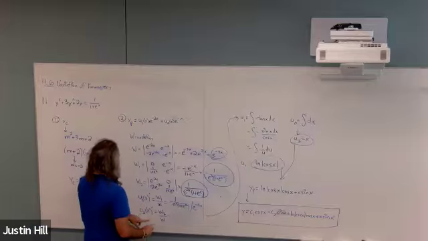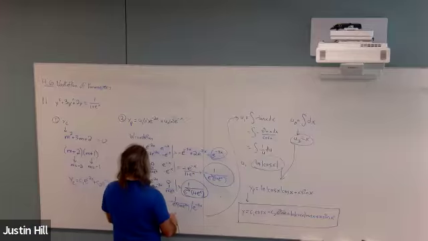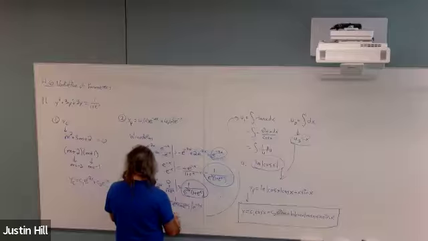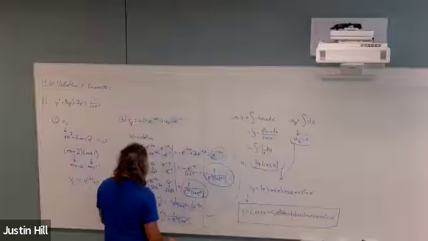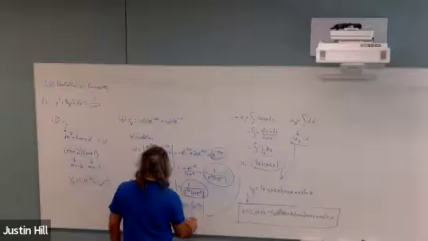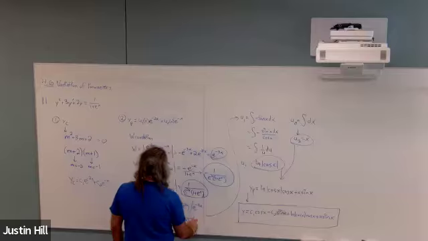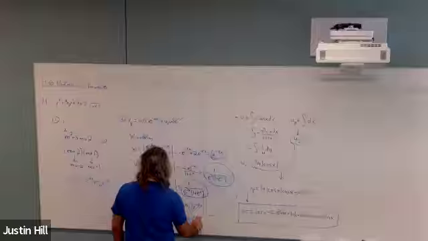And U2 prime is going to be W2 over W, so that'll be 1 over e to the 2x plus e to the x, all over e to the negative 3x.